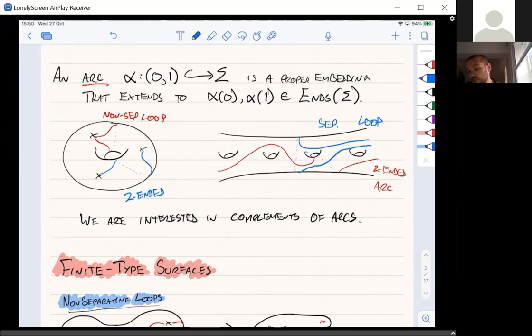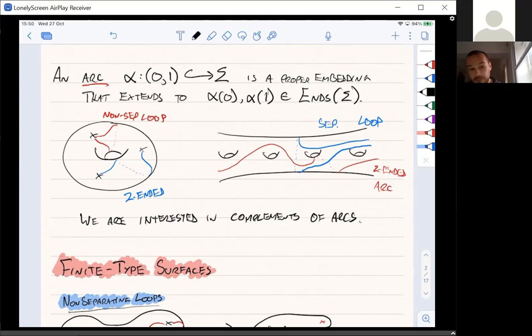So this is really a question of taking the complement of the arc and seeing if the surface you get is homeomorphic to some other one. Okay, sorry, I'll say that again. You have two arcs, A and B. You take the complement of A, you take the complement of B, and if these complements are the same, then there's a homeomorphism between these two subsurfaces, and this extends to a homeomorphism of the full surface. So you can say that these two arcs are of the same type.